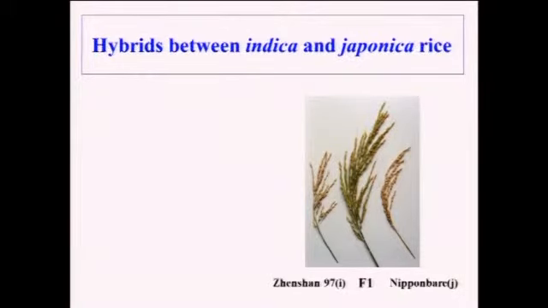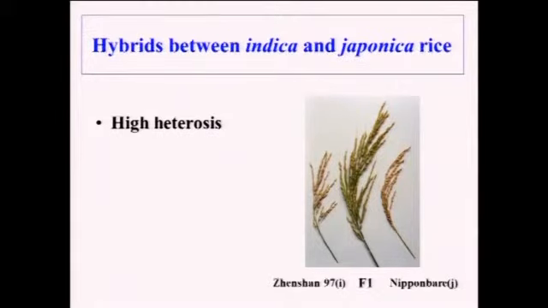Like this one here, Nipponbare is something very familiar to the rice community. This is a sequenced genome. The other is indica, a parent of a very popular indica hybrid in China. If we make a cross between these two, we get a panicle probably twice as large as the parent.